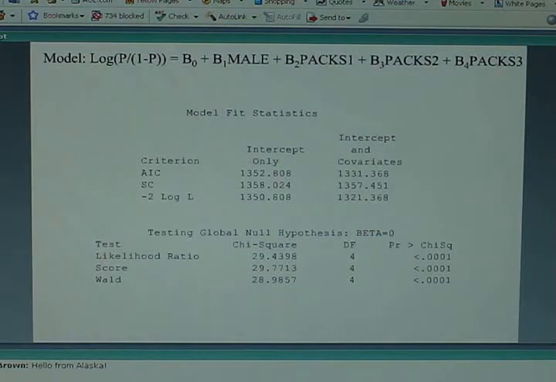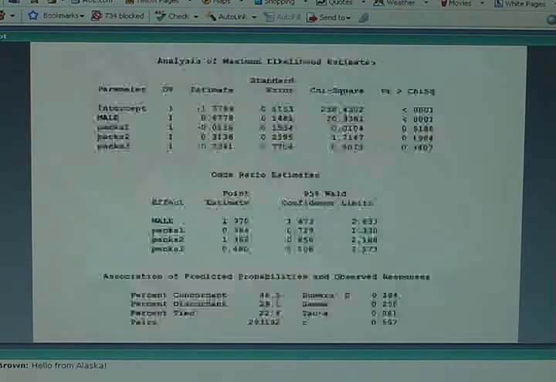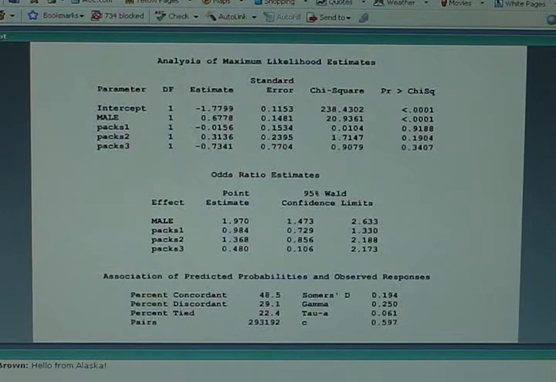And more importantly, the purpose of this model was to control for confounding by smoking and look at the adjusted effect of males versus females on their risk of developing coronary heart disease. Male is a significant risk factor corresponding to an odds ratio of around 2.